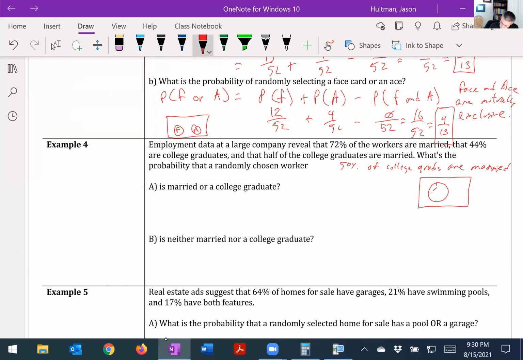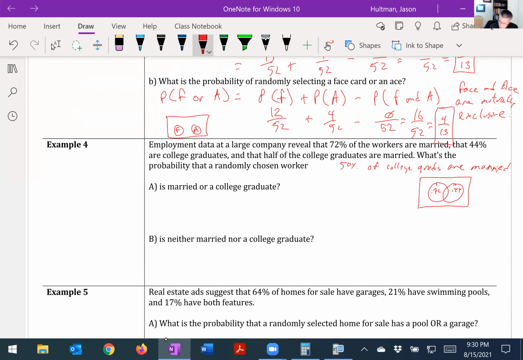But what's the overlap here? Well, you can be married and a college graduate, and it says 50% of the college grads.